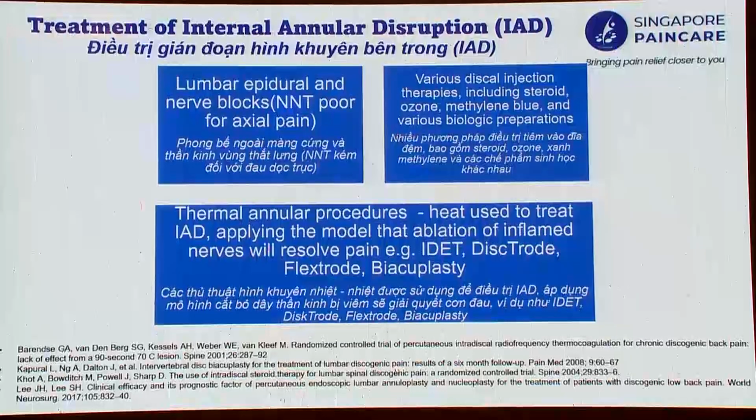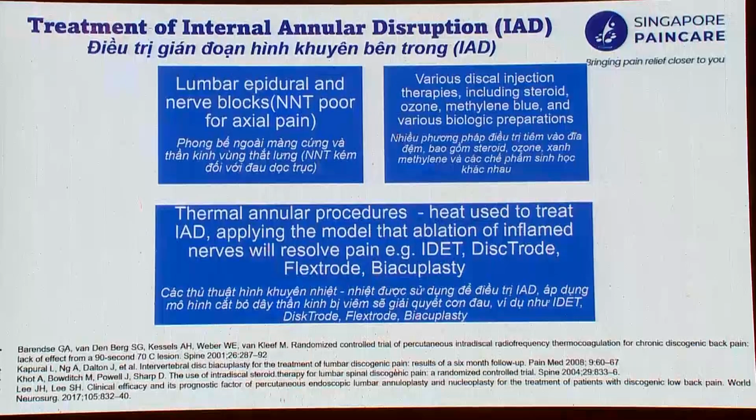Epidural has been tried for discogenic back pain. The results haven't been very good, and the NNT, the numbers needed to treat, is actually very poor. People have tried injecting various types of therapies, whether methylene blue, ozone, all kinds of different biological preparations into the disc itself to try to treat the discogenic pain, meeting with not very consistent results.